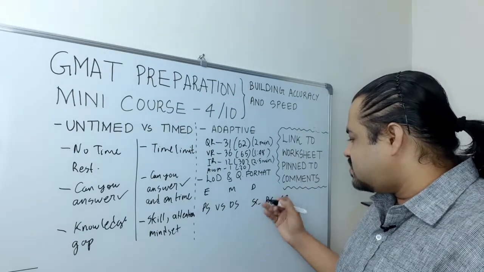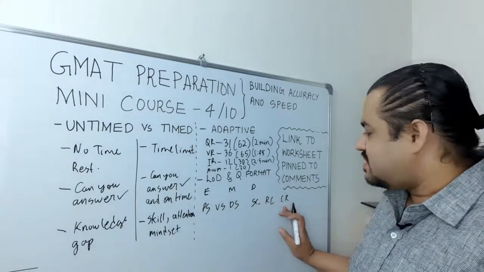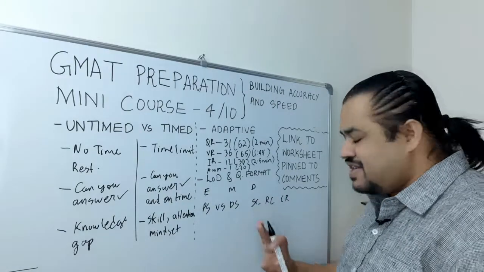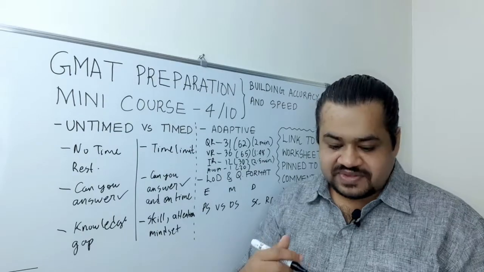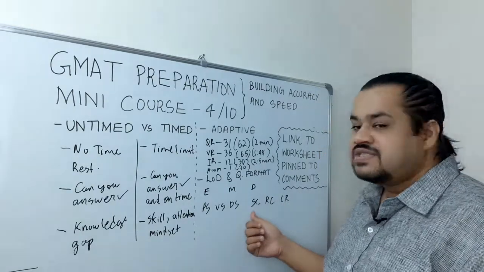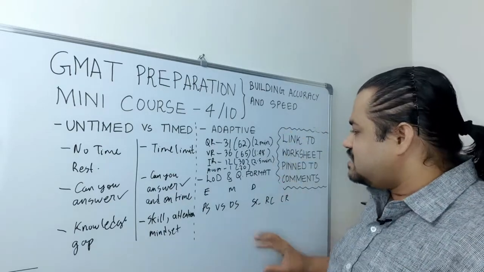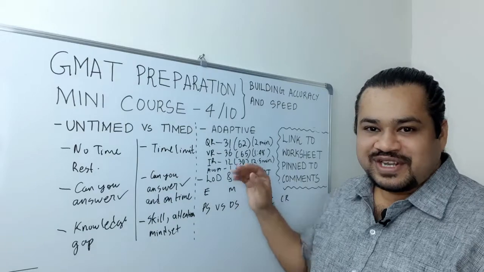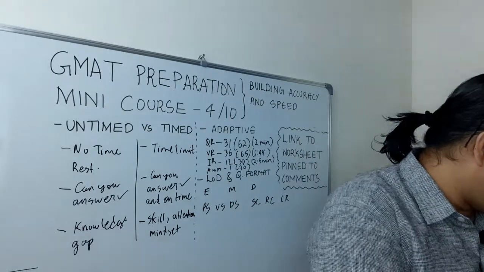You can solve sentence correction faster than reading comprehension, so you can give equal weightage to sentence correction and critical reasoning. Reading comprehension, especially at the higher difficulty levels, requires more time than sentence correction or CR at the same level. Based on all these different criteria, I have created a worksheet.